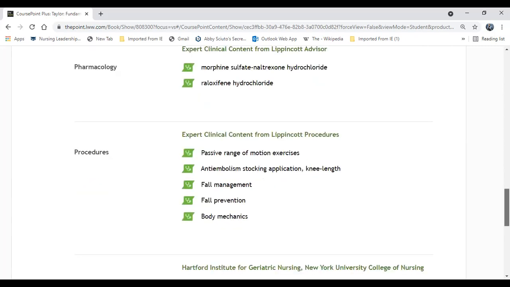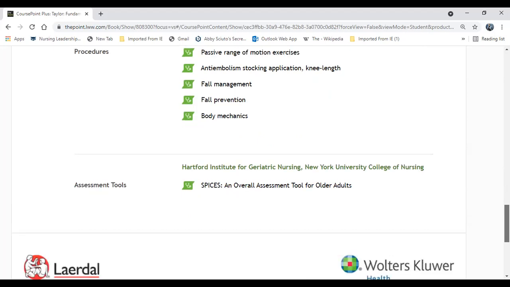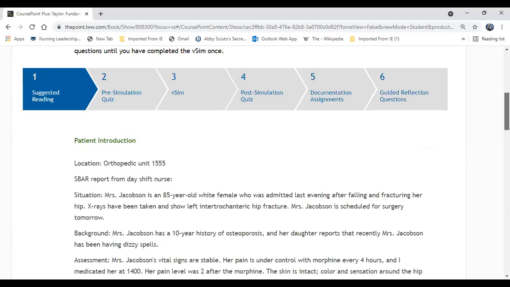And then this talks to you about range of motion, what you should do with the anti-embolism stockings, fall management, prevention, body mechanics. And the last one is an assessment tool that we use on the older adult. So some of it can be helpful. You may not need or use any of it, but it's there for you if you need it.